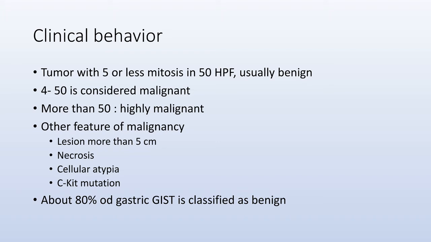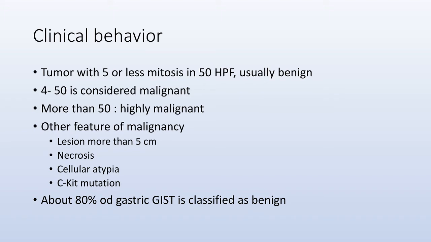We want to see what features would predict malignant behavior and metastatic behavior of the tumor. The mitotic figure plays a crucial role here. If they have 5 or less mitoses per 50 high power fields, they behave in a benign fashion. So the pathologist will count the number of mitoses under 50 high power fields, and that will give us an idea about the behavior of the tumor.